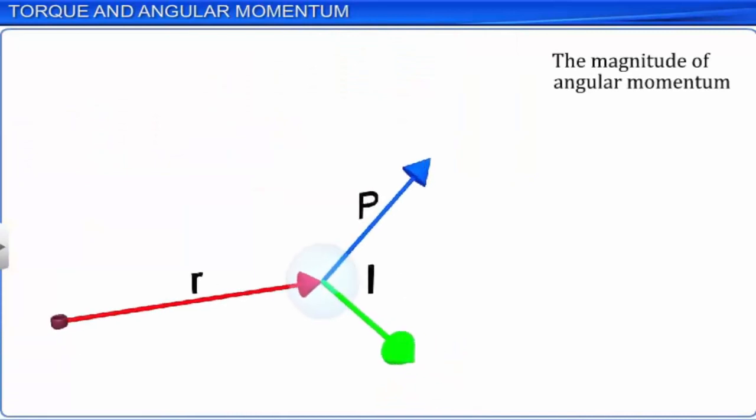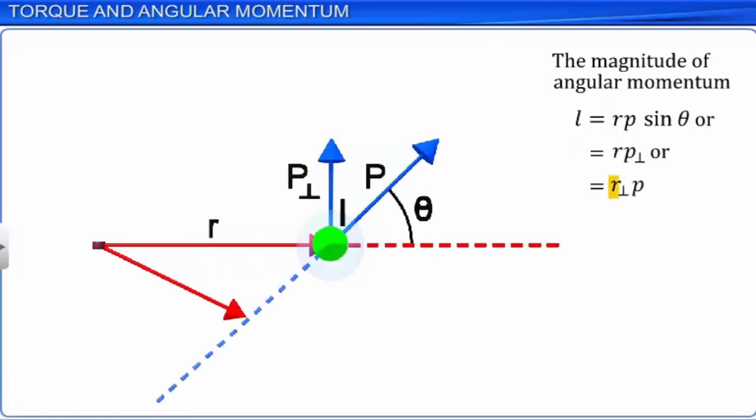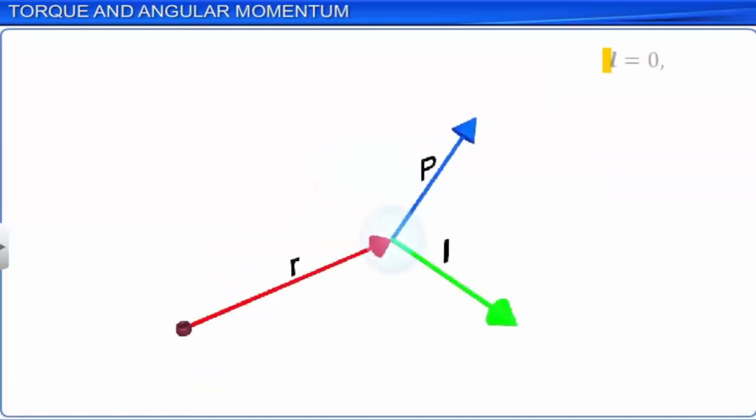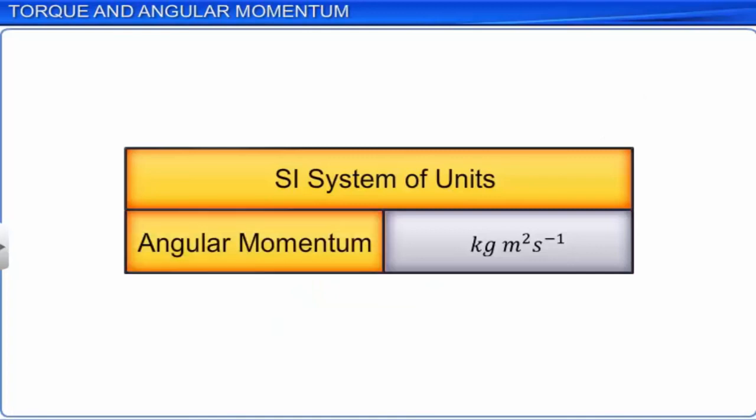The magnitude of angular momentum of the particle L is equal to rp sine theta, which can also be written as rp perpendicular or r perpendicular p. L is 0 when r is equal to 0, or when p is equal to 0, or when theta is equal to 0. The SI unit of angular momentum is kilogram meter squared per second.